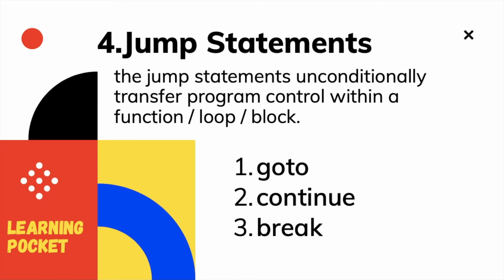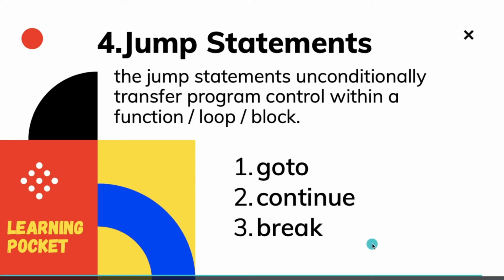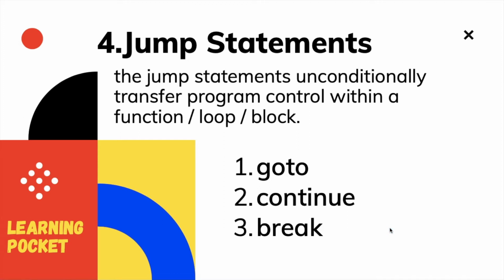Those braces help us define a block, and the group of statements grouped under them are known as the block of a particular loop or switch statement. All three jumping statements you see in front of you, goto, continue and break, help us to manipulate that block.